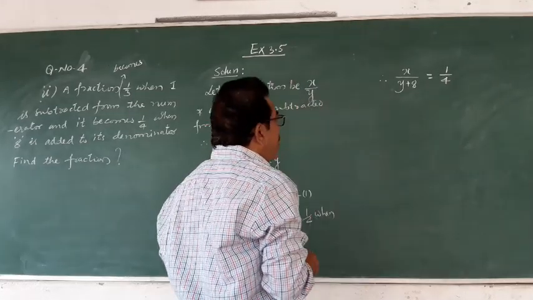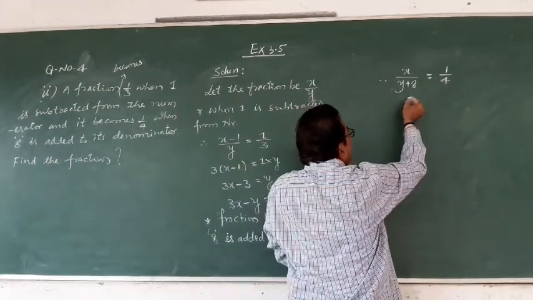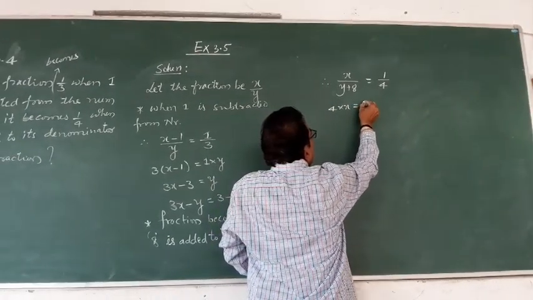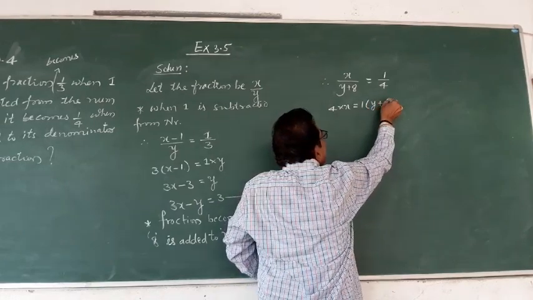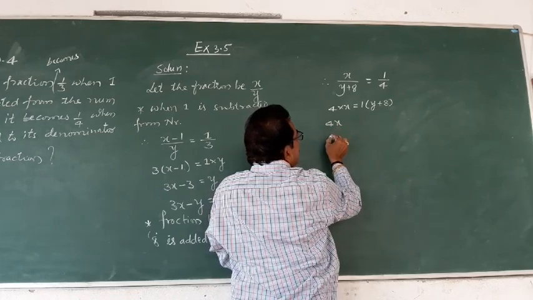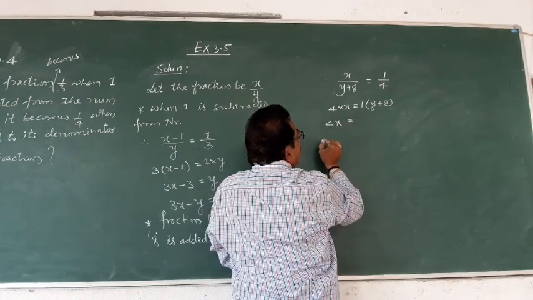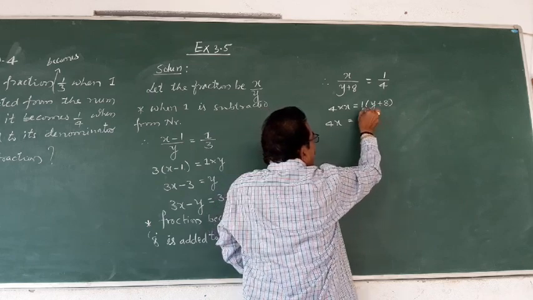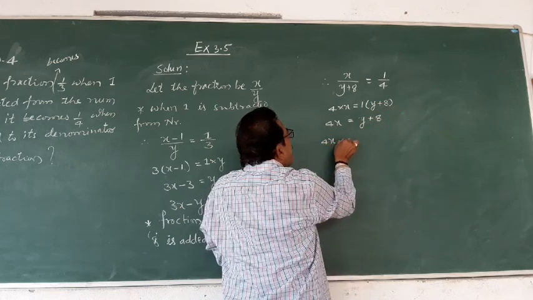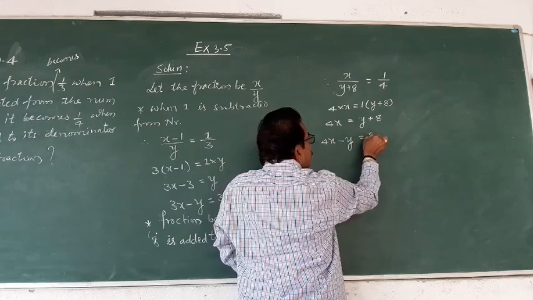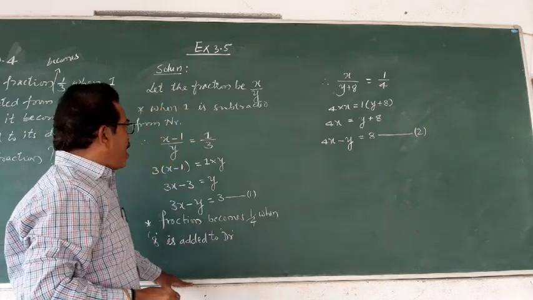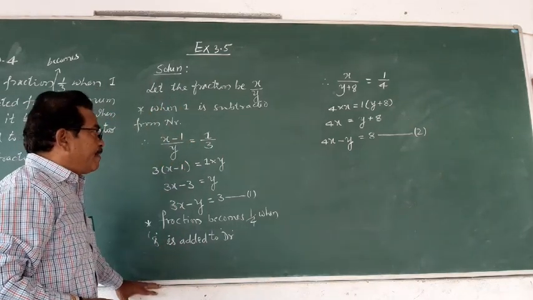Cross multiplication: 4 into x equals 1 into y plus 8. 4x equals y plus 8. Therefore, 4x minus y equals 8. Say equation 2.